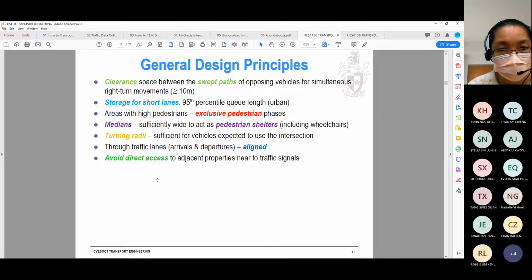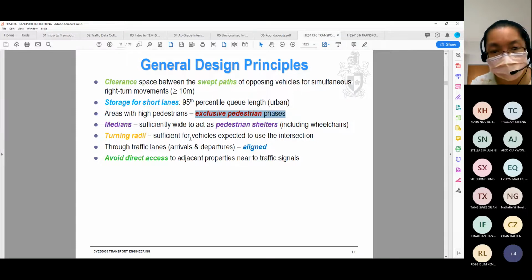Other considerations for signalized intersections are to ensure sufficient clearance for swept path, and storage lane, pedestrian facilities if there are a lot of pedestrians, and medians can be used for pedestrian shelters.